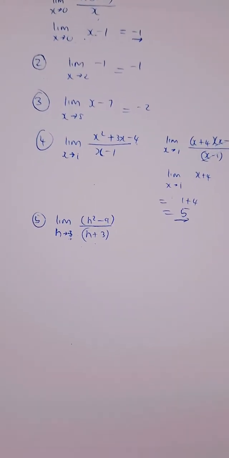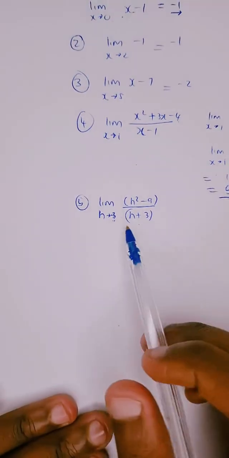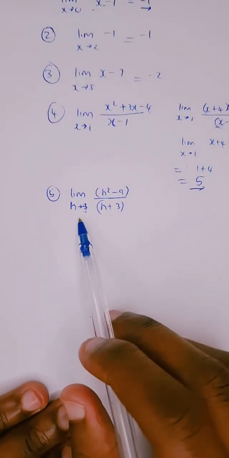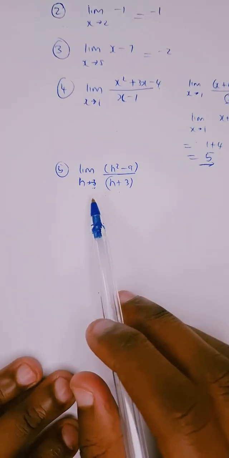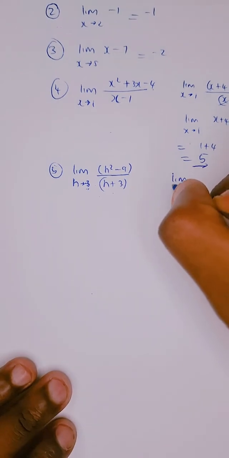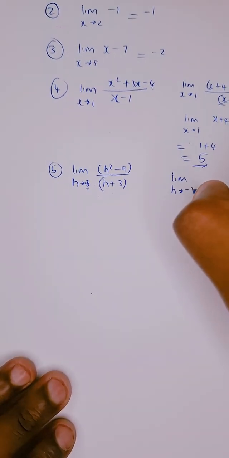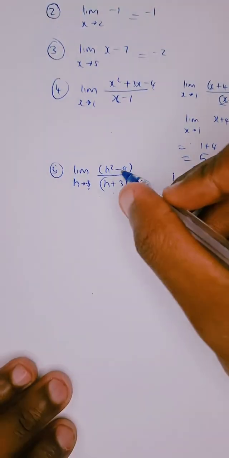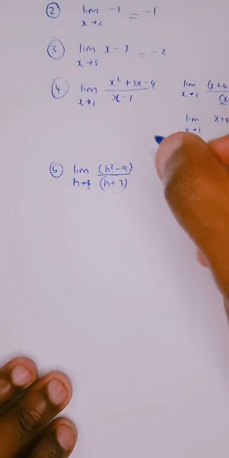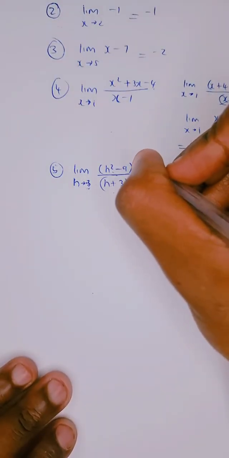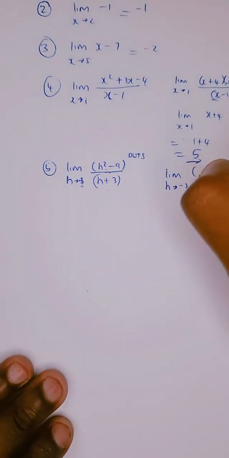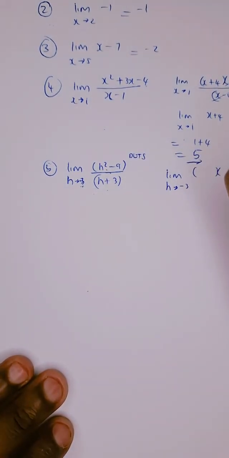Ada Zion, we'll see. Okay, so negative 3, right? I said this is negative 3. Let's check this out. How do we do this? We would say the limit as h approaches negative 3 of h squared minus 9. This is the difference of two squares factorization. So we open two brackets.